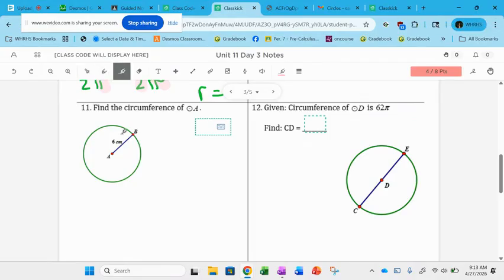In the diagram, what does this 6 represent here? The radius, very good. In the diagram, that 6 is the radius.